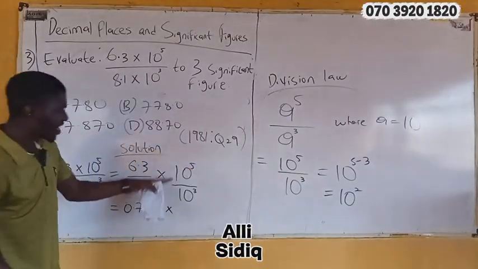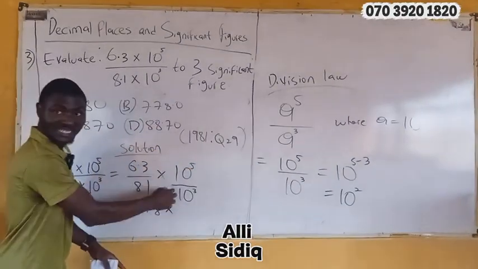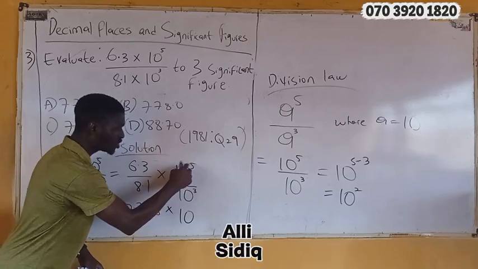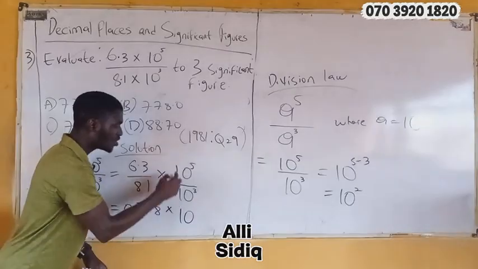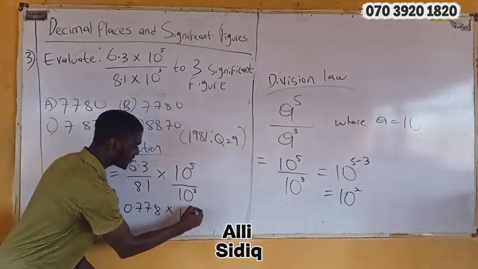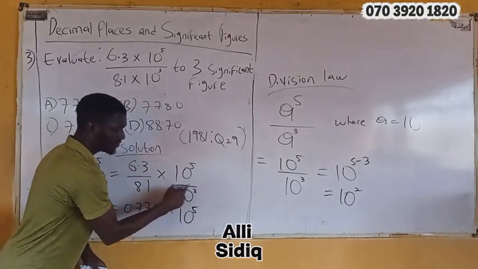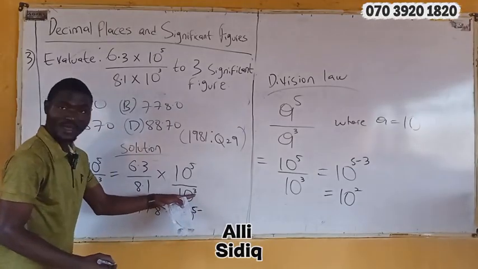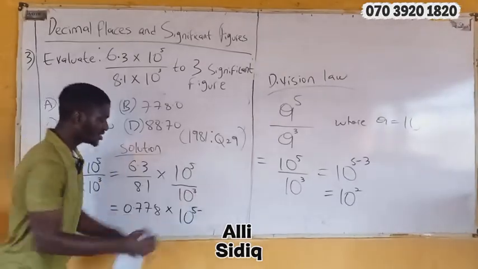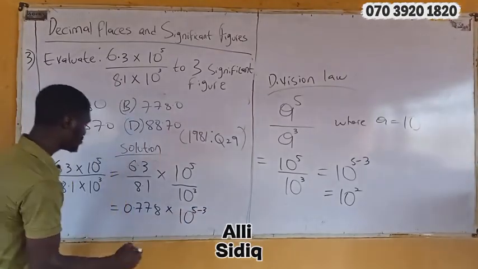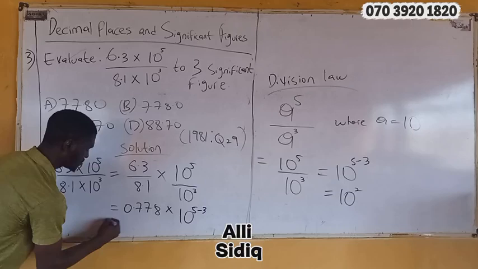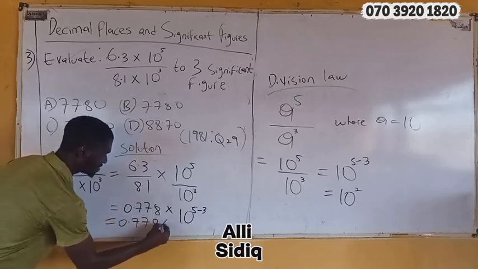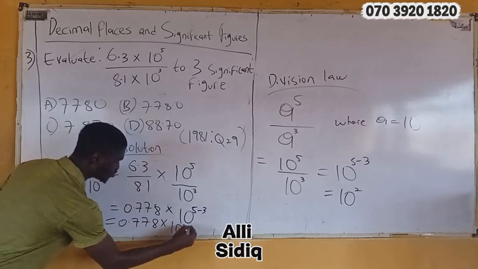When you have this, the division law says I will just take one of these 10 and my numerator, the power in my numerator, which is what? 5. My division sign becomes minus. And my denominator is what? 3. So it becomes 0.778 times 10 raised to the power 2.